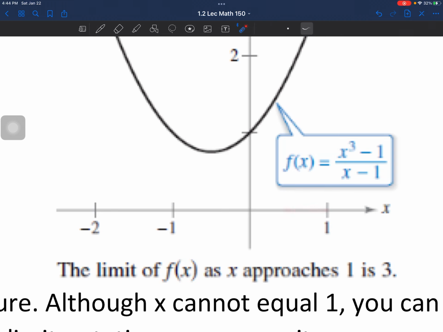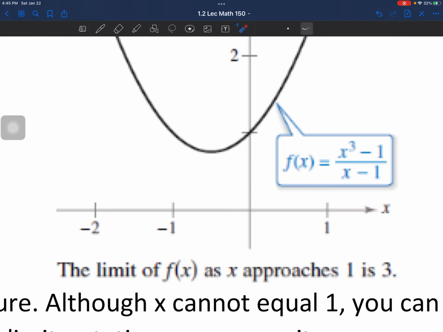But as we know, since it is a number line, you can also approach it from the right side. So you can approach 1 from the right side as well. And that's how we're going to define approaching. x approaching 1 means it is approaching from the left side and from the right side.